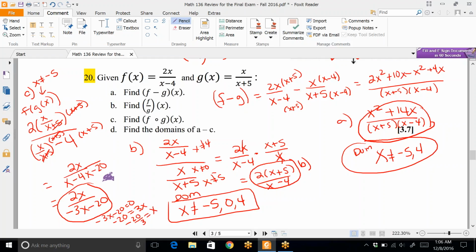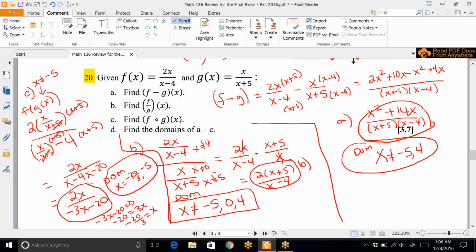So the overall domain for this one would be, sorry, I'm writing sideways tonight, negative 20 over 3 is out. Let me erase that and rewrite that part. So the domain is that we can't have negative 20 over 3 or negative 5. So different situations call for different domain restriction rules.